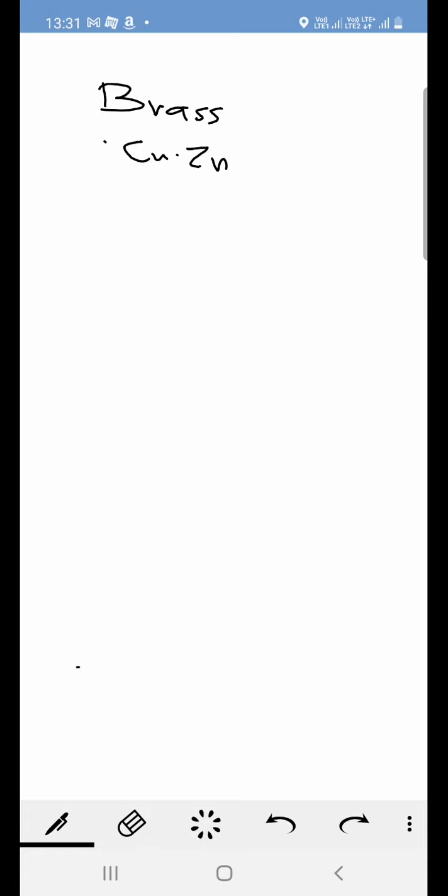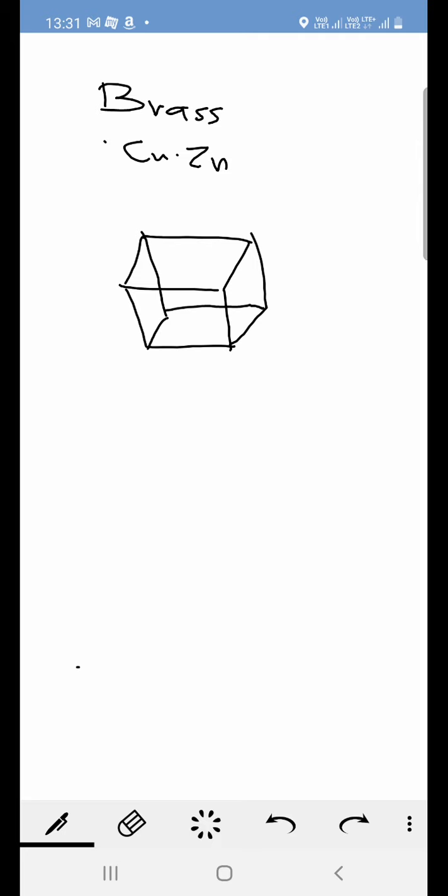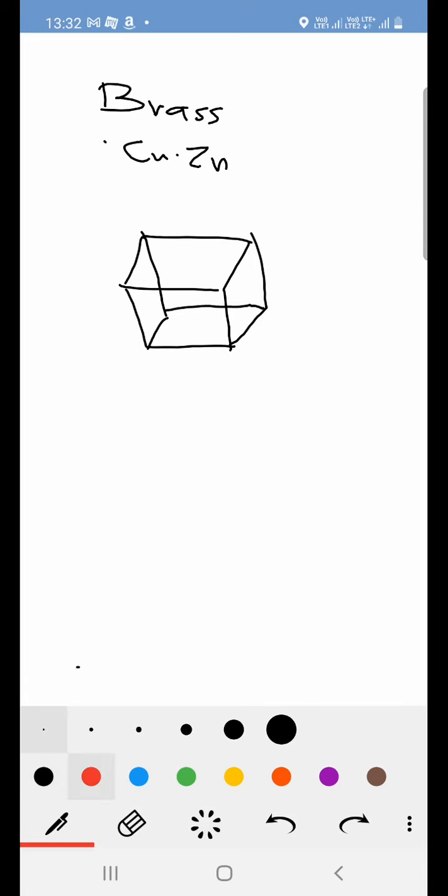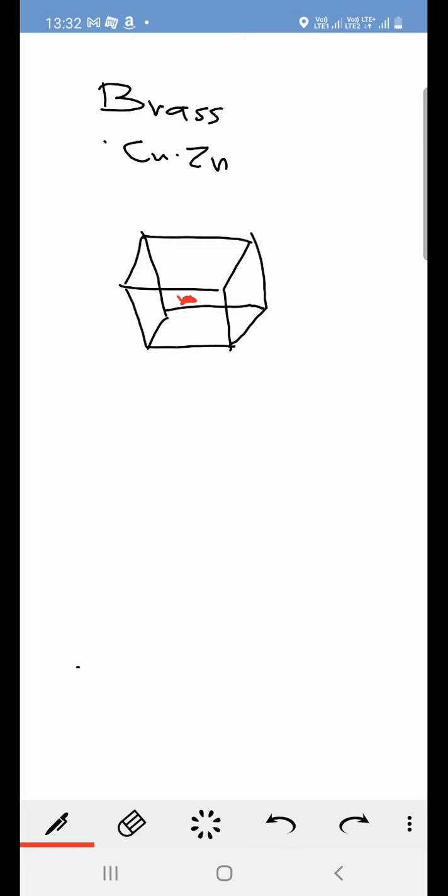If you look at the structure, the center point is copper, whereas there are 8 corners where zinc is located.